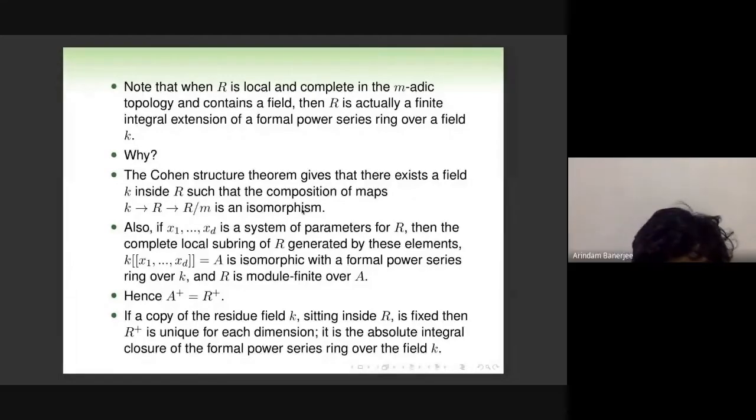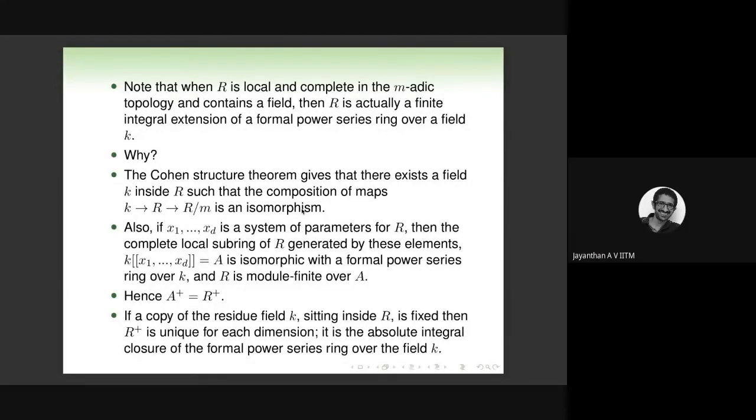So there's this question: do we actually need to assume that R is Noetherian?